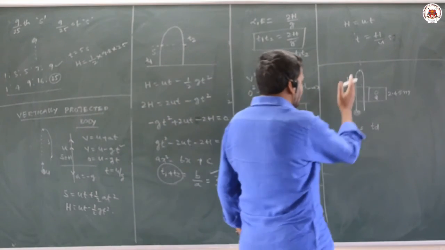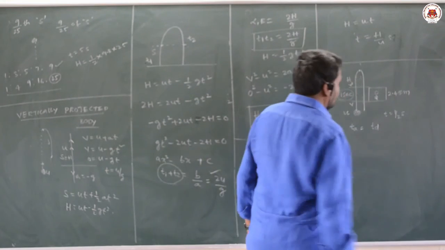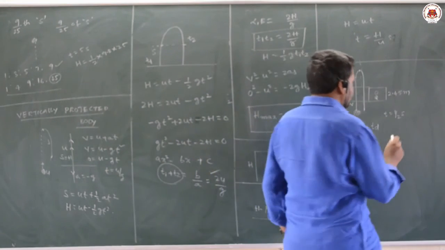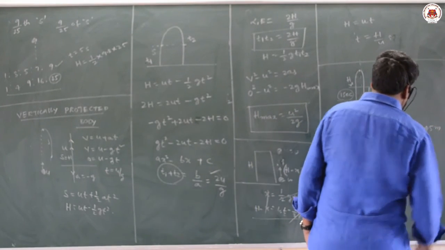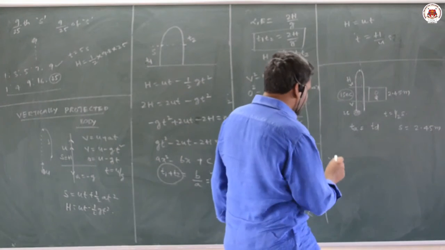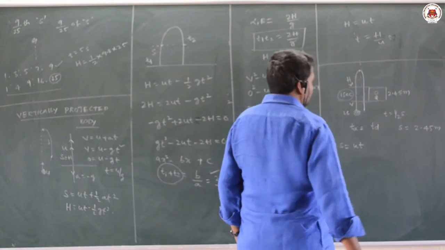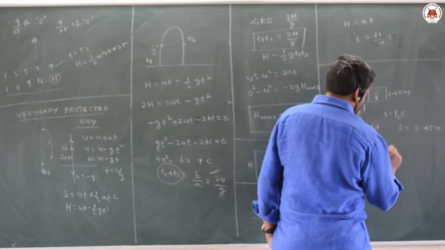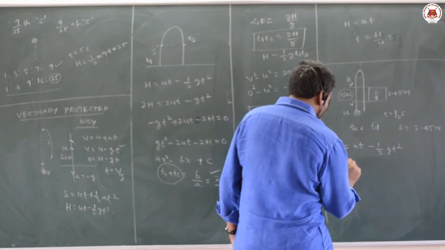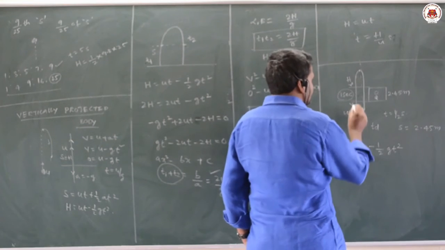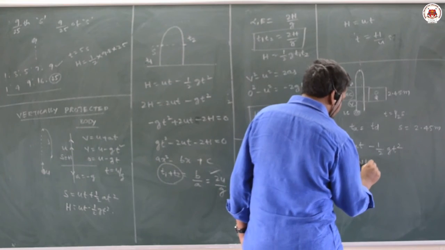So for the upward journey only, time taken is half second, and displacement travelled is s equal to 2.45 meters. Now by using the displacement formula, s is equal to ut minus half g t square.